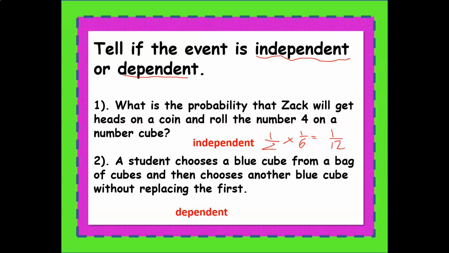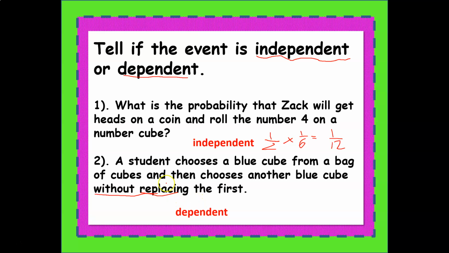They're going to be dependent because they're not replacing that first cube. So there's going to be fewer items to choose from in the bag. That's going to change our total outcomes and that's going to change our probability.